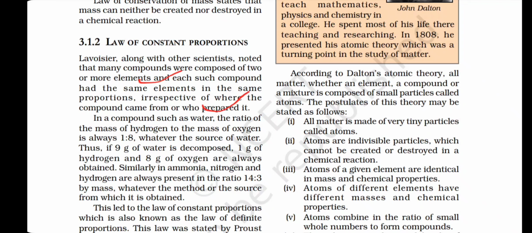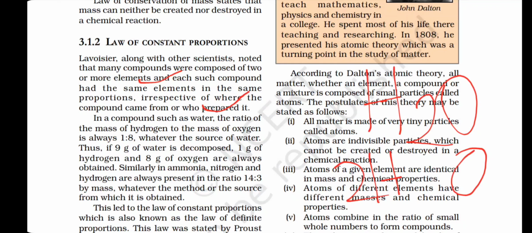Take the example of water: it is always in a constant proportion by mass, that is, 2 hydrogen and 1 oxygen. If we take water from any source, the river or a tube well, its chemical composition is always the same by weight.